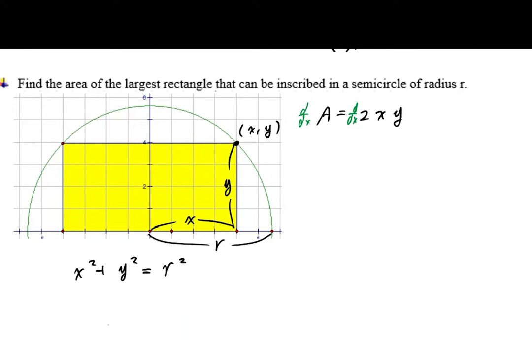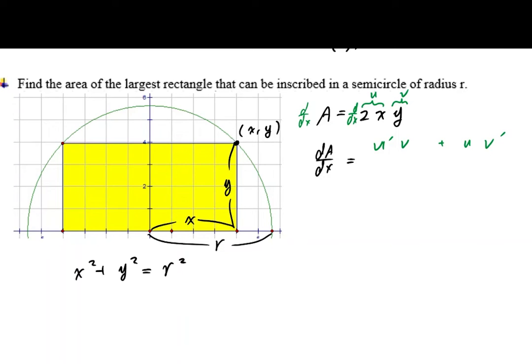Let's try and see what happens. So this becomes dA over dx, which is what we want. Now we have a product rule. So this part is your u, and that is your v. So the product rule goes u prime v plus u v prime. Okay, so let's see how that goes.